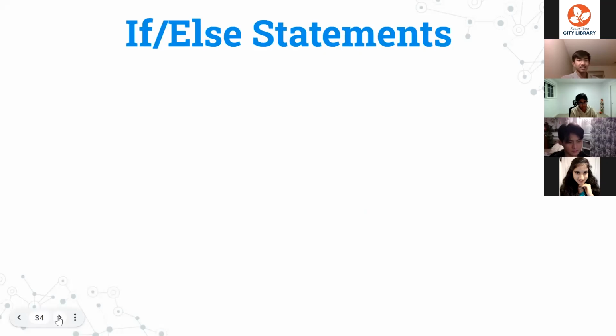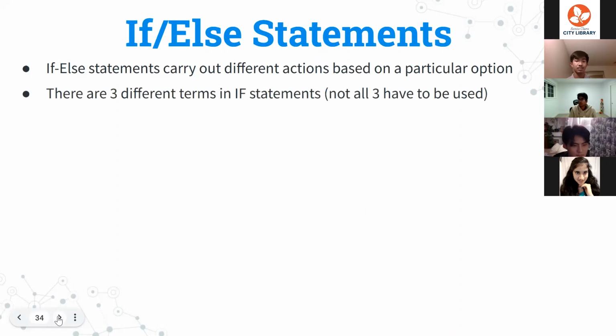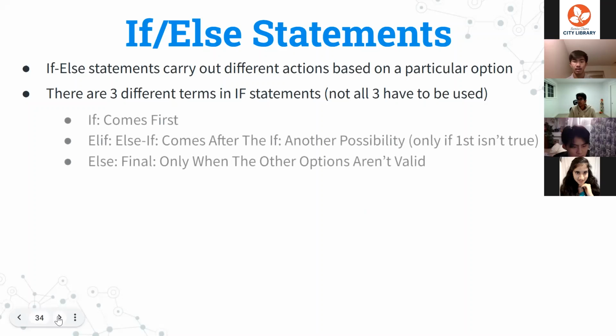All right, thanks, William. So now we're going to talk about and introduce a concept known as if-else statements. If-else statements carry out different actions depending on whether something satisfies a certain condition. There are three different kinds of if statements, although not all three have to be used at the same time. The first is the general if statement, and these normally come first.